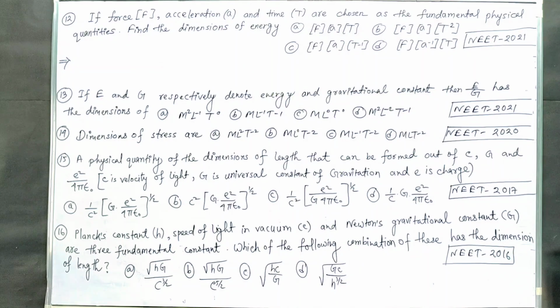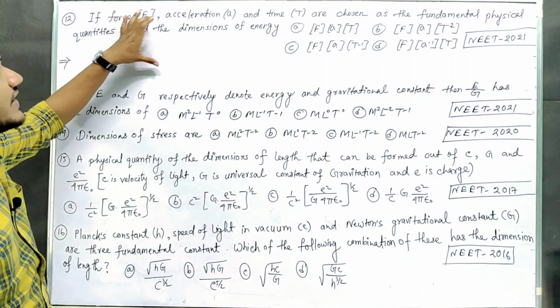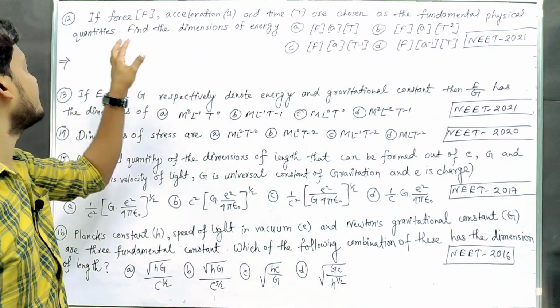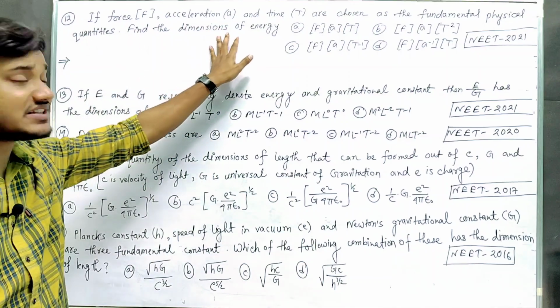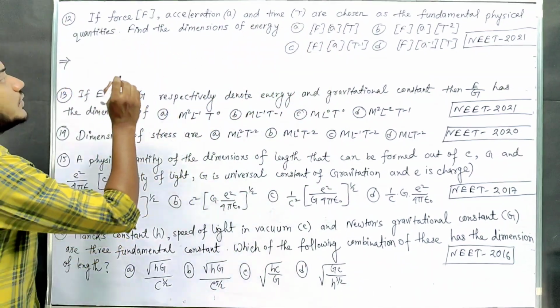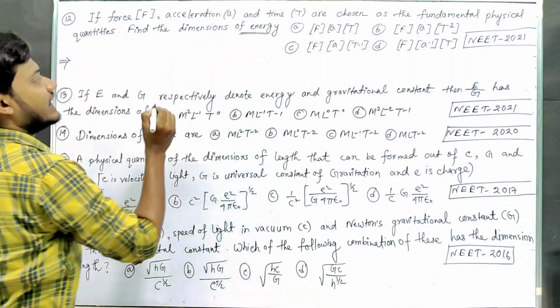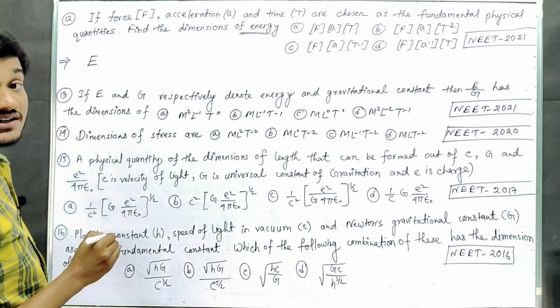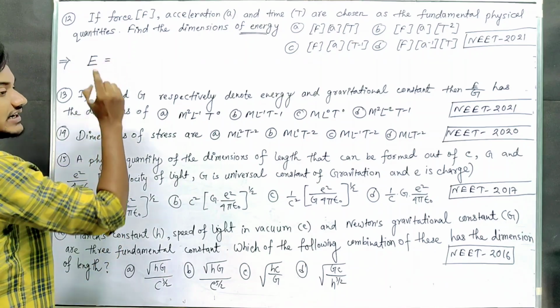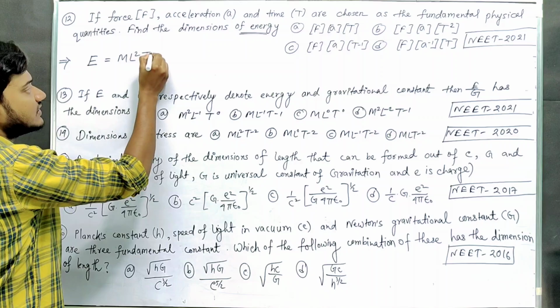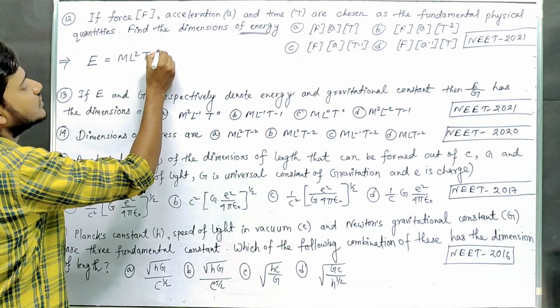Question 12. If force F, acceleration A and time t are chosen as the fundamental physical quantities, find the dimensions of energy. Options are given. We know energy dimension, energy work done equals ML square T inverse 2.